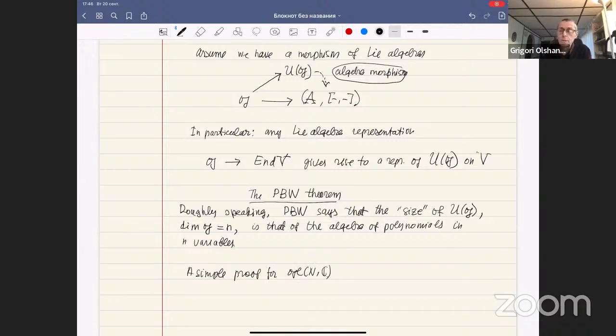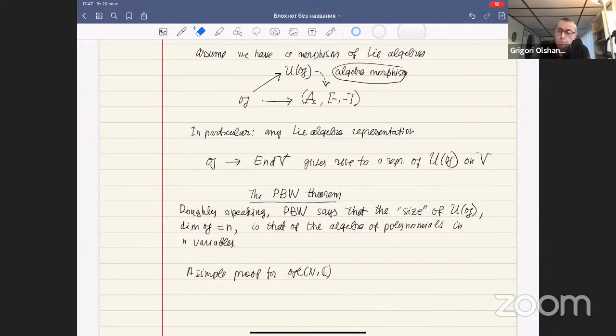And in the next lecture, I will describe this simple proof for GL_n. And it gives actually much more, because all finite dimensional Lie algebras are subalgebras of GL_n, and as a corollary we get for nothing the Poincaré-Birkhoff-Witt theorem for all finite dimensional Lie algebras.